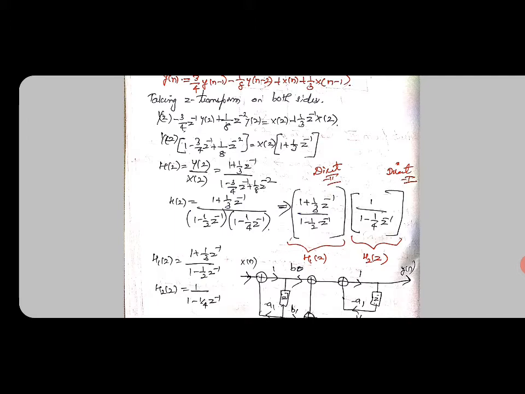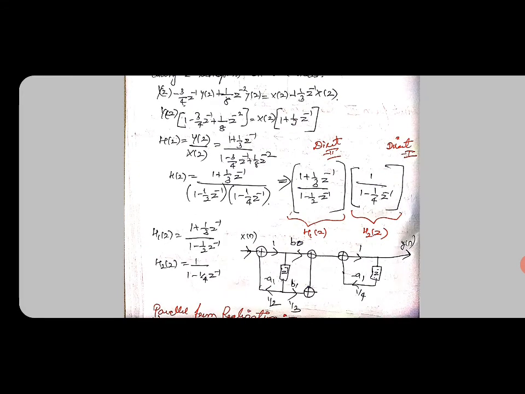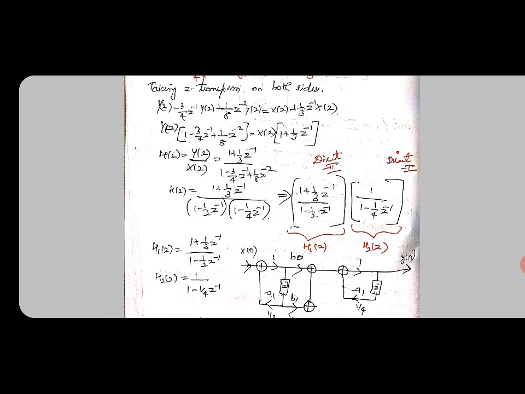Here we can divide the h of z sequence into two parts, which are h1 of z and h2 of z, which is 1 plus 1 by 3 z inverse by 1 minus 1 by 2 z inverse, the direct form 2 structure, and 1 divided by 1 minus 1 by 4 z inverse, which is the direct form 1 structure. We need to realize h1 of z in the direct form 2 structure, which uses a single delay line, and in the case of direct form 1, h2 of z is realized with two delay lines.